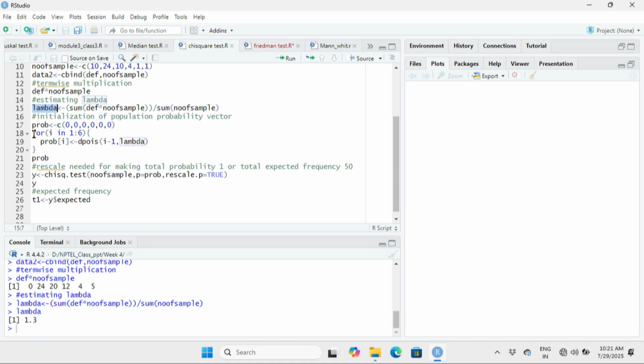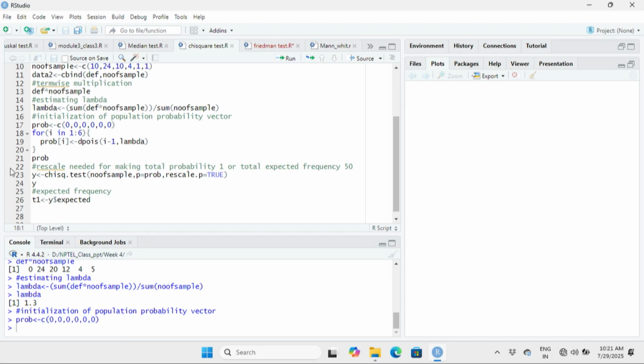In that case we have to use a loop, and that loop is done by a for loop, for i in 1 to 6. We have 6 classes, so 1 to 6. So this is called initialization. Now we will improve that initialized vector by our calculation through the for loop. Clear?